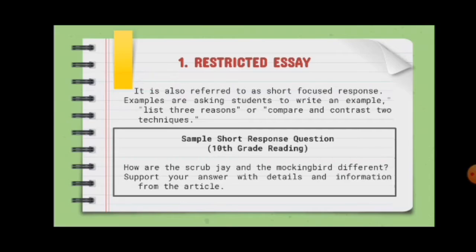So number 1, restricted essays. It's also referred to as short focused response. Examples are asking students to write an example, like list 3 reasons or compare and contrast 2 techniques.